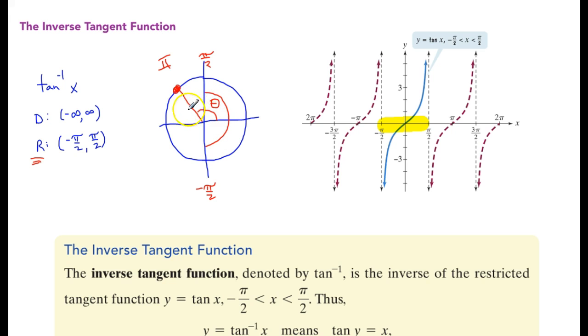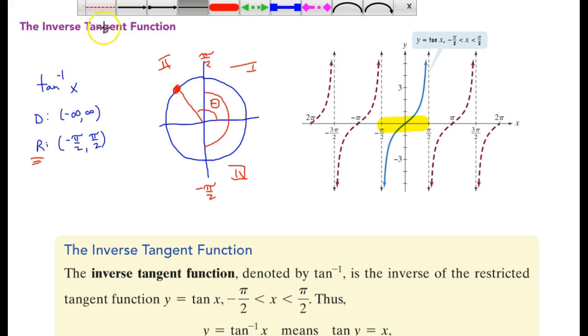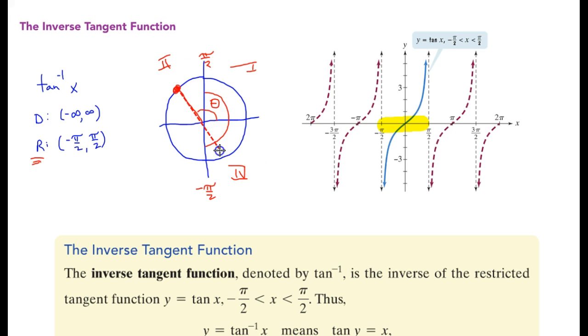It cannot give me this angle. It can't go into quadrant 2. So it's only in quadrants 1 and 4 again, because of that range. So what's it going to do? It's going to go straight through on that same slope, because it's dealing with slope, and it's going to give me this angle right here.